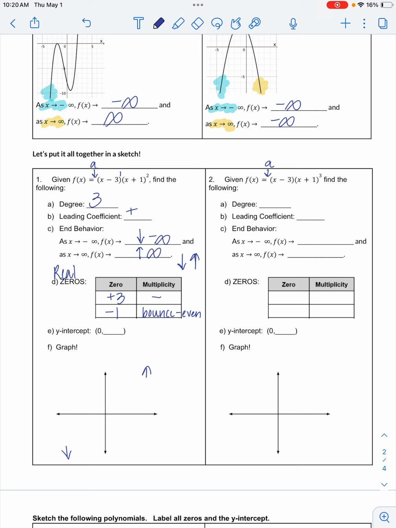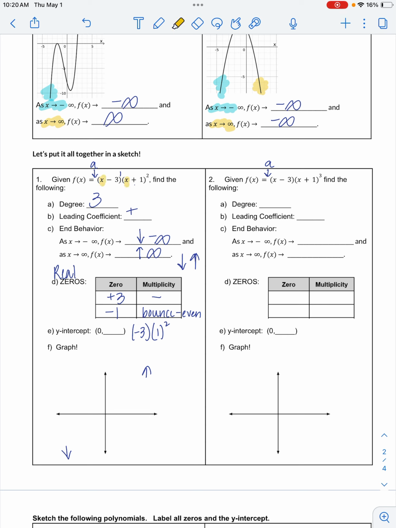Then you have to calculate the y-intercept. For y-intercepts you substitute in 0. So when I put in 0 for x in both sets of parentheses, 0 minus 3 is just going to give me negative 3. 0 plus 1 is going to give me a 1, and then I still have the exponent that's squared. So really, you're just putting zeros in both of these x spots.